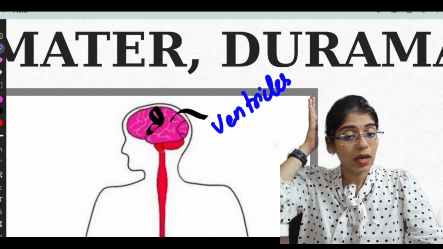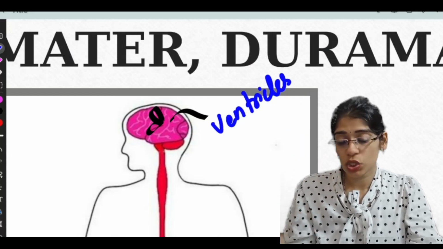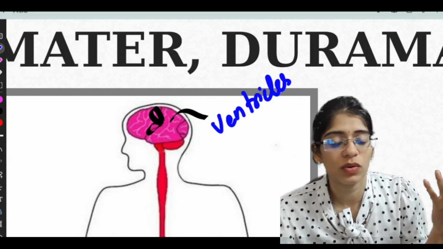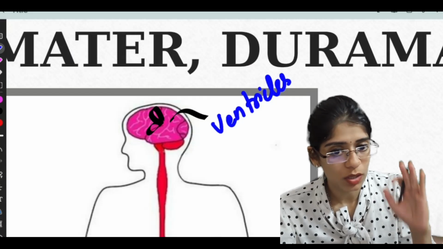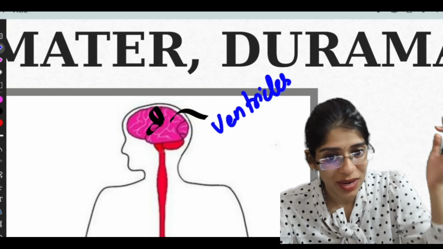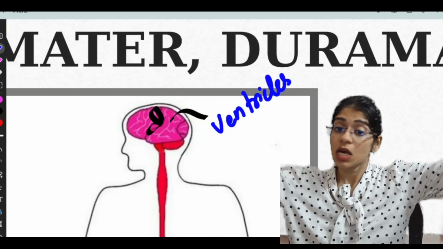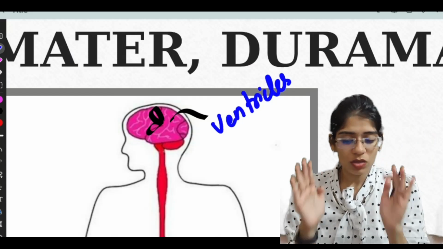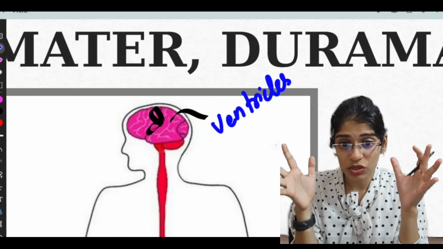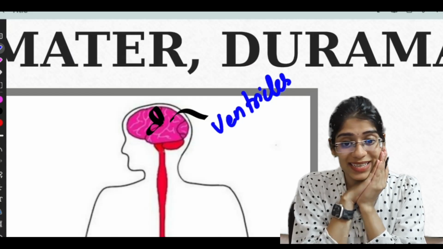In the brain, we have structures called ventricles. They are fluid-filled spaces. We'll talk about it. Just remember, in the brain we have got ventricles. We have lateral ventricles, third ventricle, fourth ventricle. We'll learn about it. So now just remember, the brain has got structures, fluid-filled spaces called what, guys?